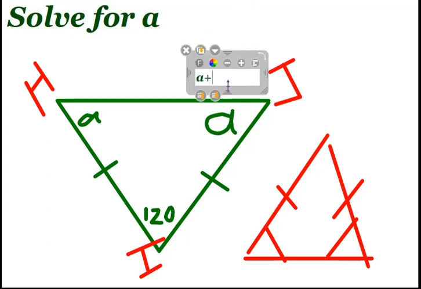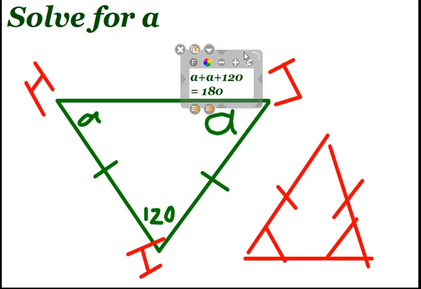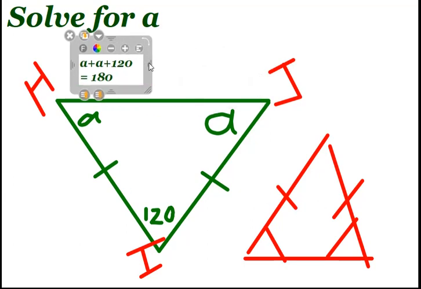So A plus A plus 120 is equal to 180. Why? Sum of angles in a triangle. So let's just write that down.